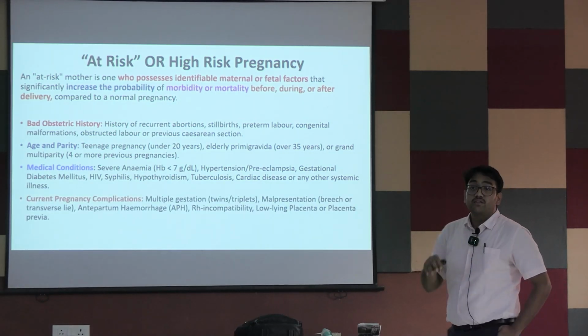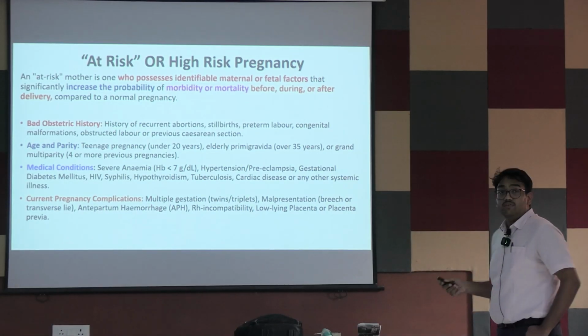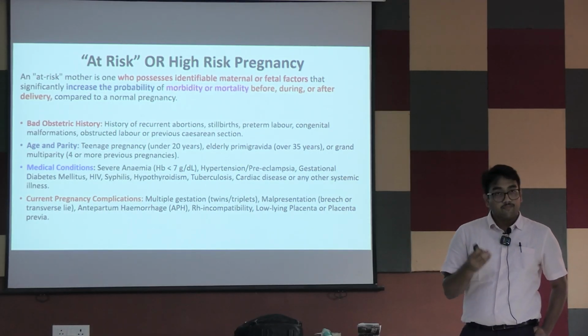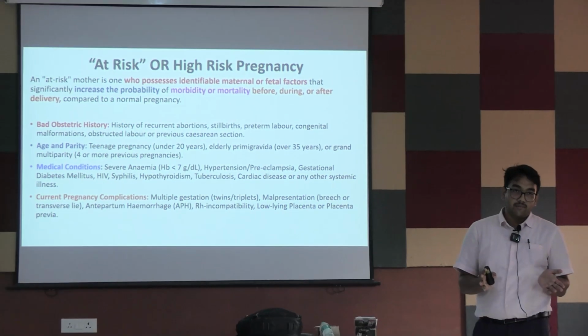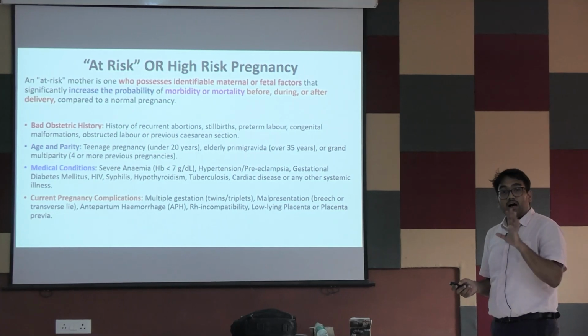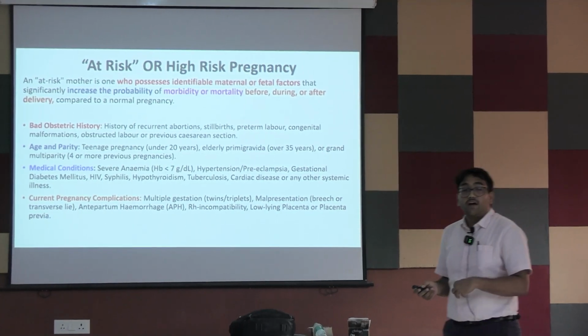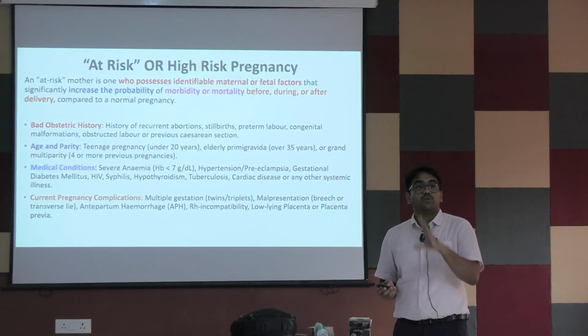Next, complications of the current pregnancy. Findings in the current pregnancy, like if there are twins or triplets, that's a high risk pregnancy. Malpresentation, breech, transverse lie, high risk pregnancy. Antepartum hemorrhage, RH incompatibility, a low lying placenta or placenta previa, these all constitute a high risk pregnancy.